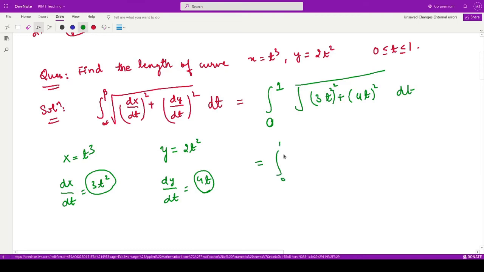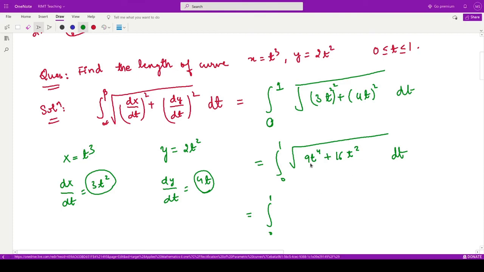So let us see what we have. It would be 9t to the power 4 plus 16t square, into dt. So we can simplify this a bit, integration from 0 to 1. What can you take common from here?